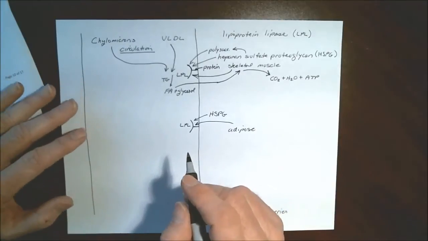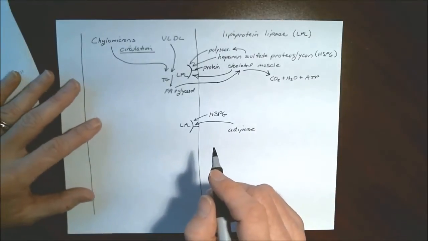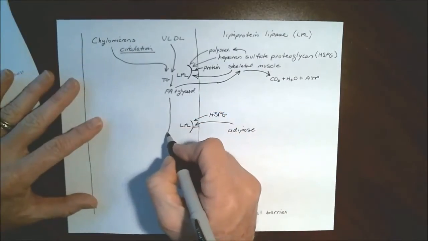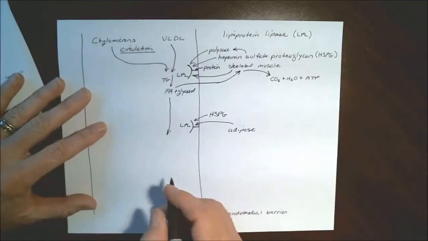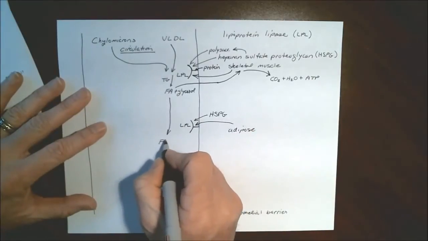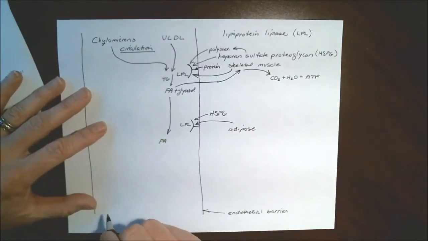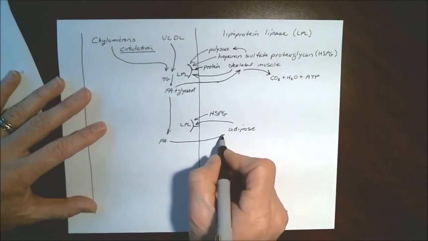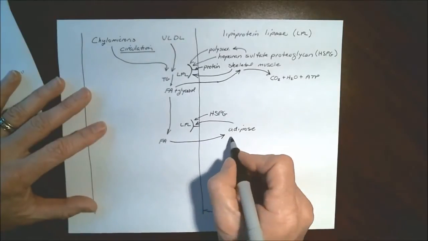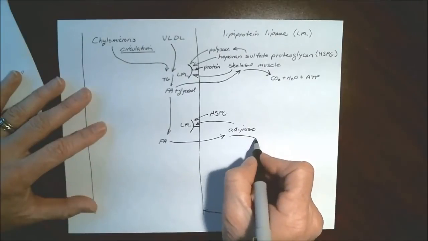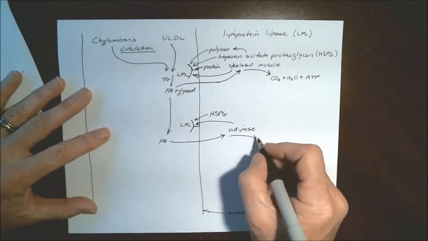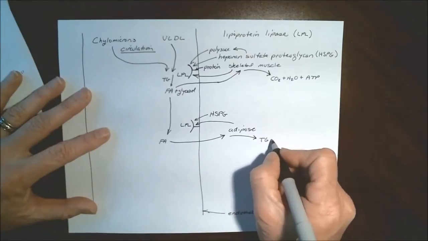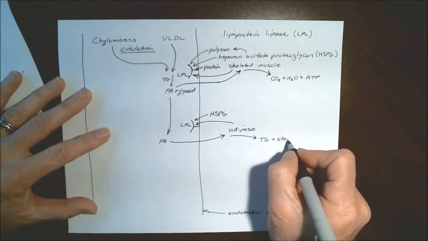Now, as VLDL gets processed, it is going to continue this hydrolytic reaction to release more fatty acids from the structure. In the case of adipose, these fatty acids will be transported into the tissue itself, and the adipose tissue will reconstruct the triglyceride for storage.